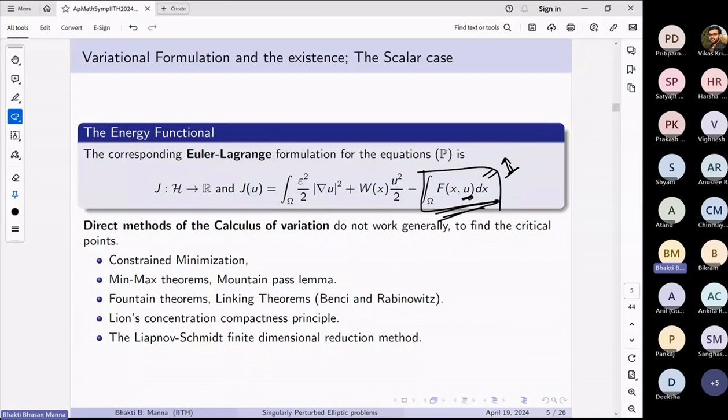That means what we essentially have is a manifold of codimension 1 in the Hilbert space or the corresponding Banach space.